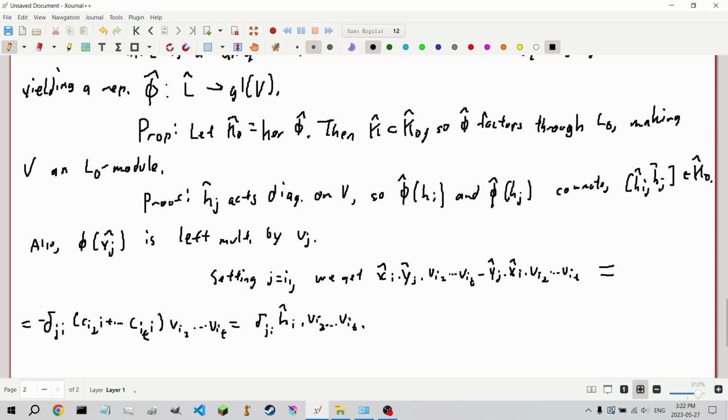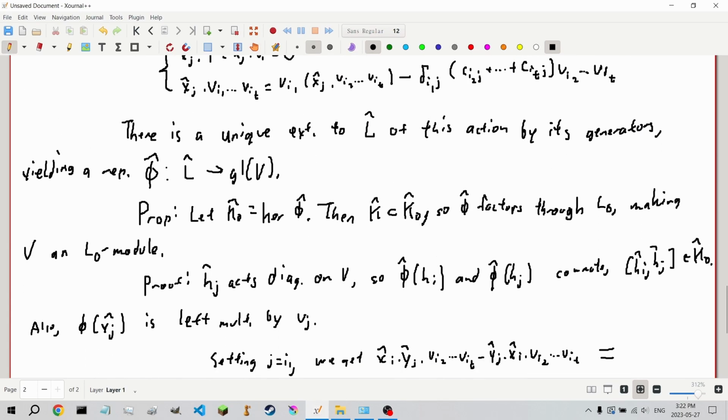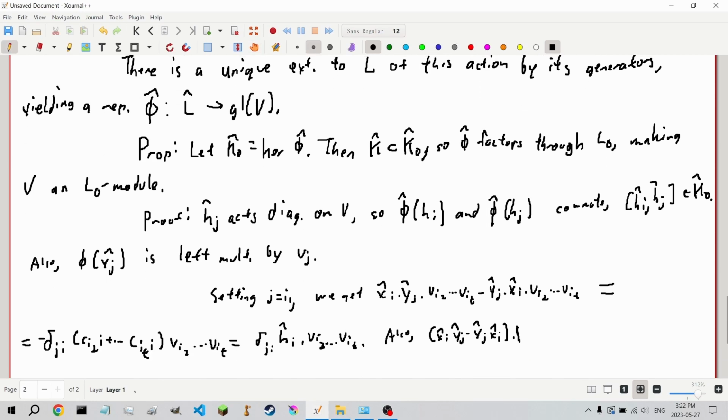Now, we also need to see that this works on constants. So x hat i, y hat j, minus y hat j, x hat i, on 1. All of these is going to be set. x sets both constants, y turns constants to single variables, and x turns both constants and single variables to 0, so this is going to be 0, which is delta ij times h_i norm on 1.